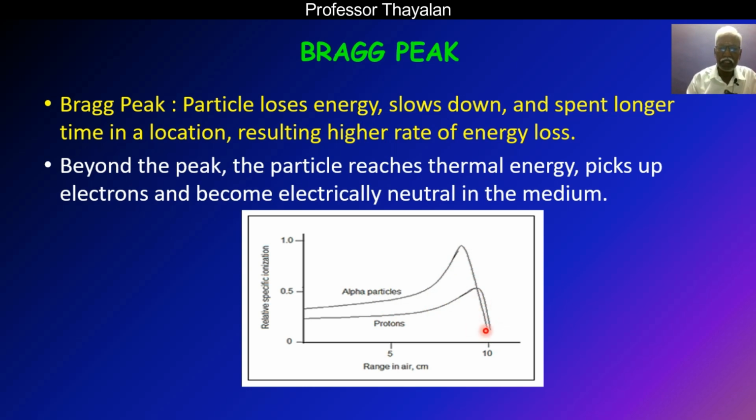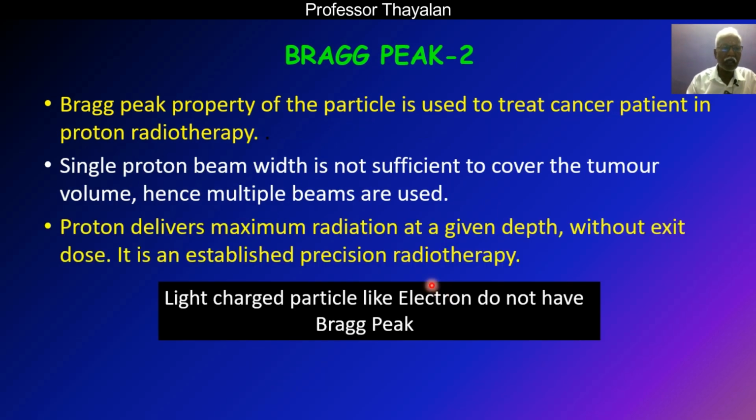What happens beyond this peak? Beyond the Bragg peak, the particle reaches thermal energy, picks up electrons and becomes electrically neutral in the medium. So that means there is no exit dose for this particle when it is used in the patient. The Bragg peak property of the particle is used to treat cancer patients in proton radiation therapy.